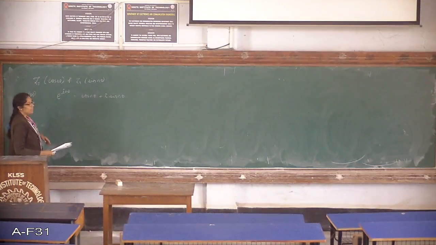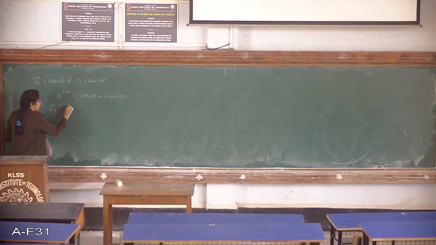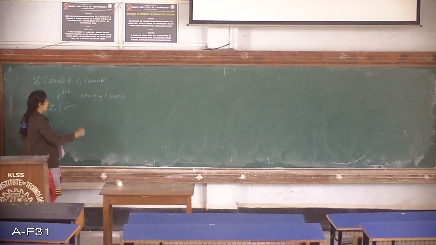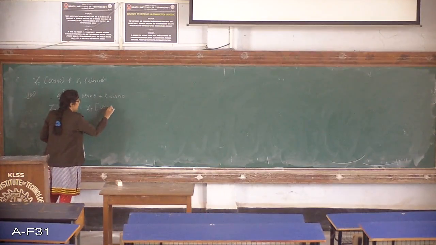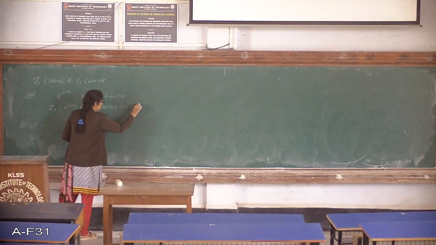So to obtain the z transform of cos n theta and sin n theta, if I take the z transform of e raised to i n theta, I'll be getting this as the z transform of cos n theta plus i sin n theta.